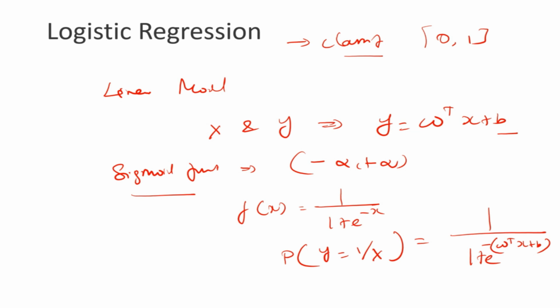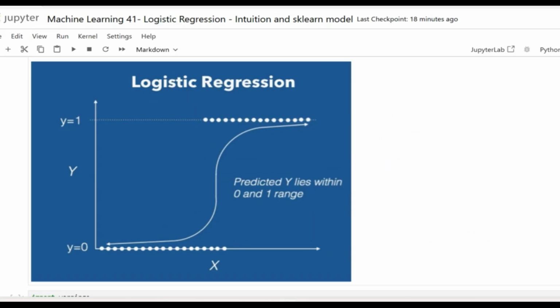To explore this, we take a real world data set where we predict whether a person will buy insurance based on their age. So we will first apply linear regression and visualize its prediction. Then we will see how logistic regression naturally solves the issue of linear regression and why it is a better choice for classification tasks.